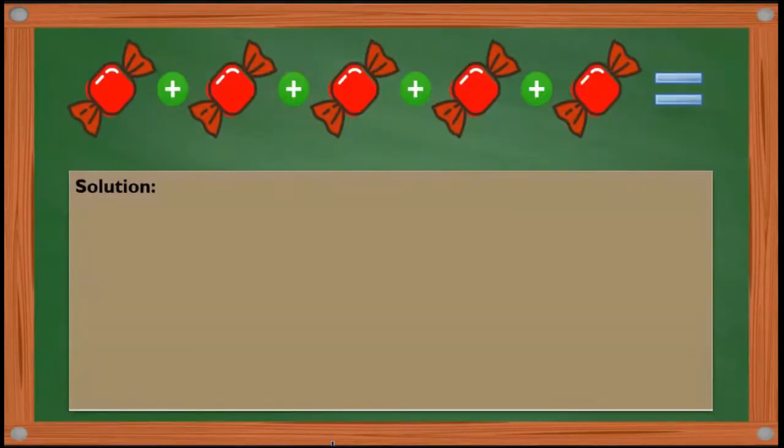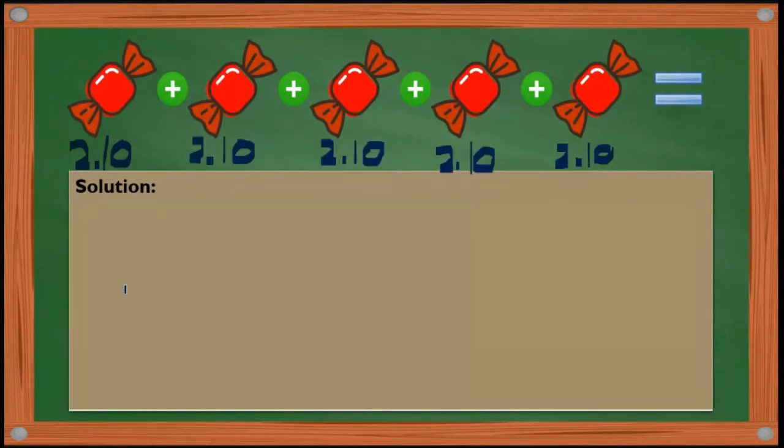Okay, let's go now with the solution. Sa solution, look at the board. Nakikita ba? So, meron tayong dyang 5 candy. So, bibili si Mang Tino ng 5 candy at ang presyo ay 2.10 ang bawat isa. Ngayon, kung 2.10 ang bawat isa, i-add natin ito lahat, itong 5.